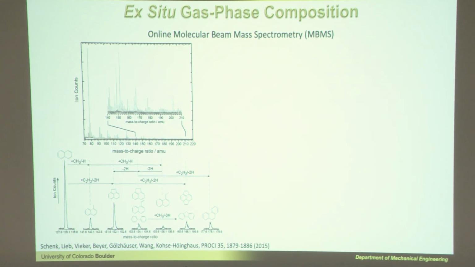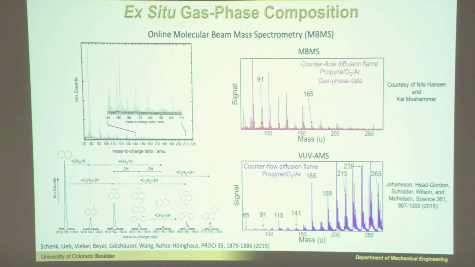And then you can selectively ionize a particular species and see if you see it in the mass spectrum. So people will do that if they're wondering, is that mass 152 what I think it is? They'll try to come up with a REMPI scheme to ionize it and see if they see it there.